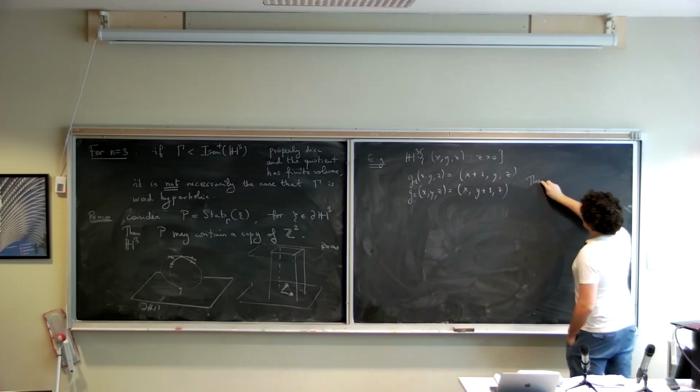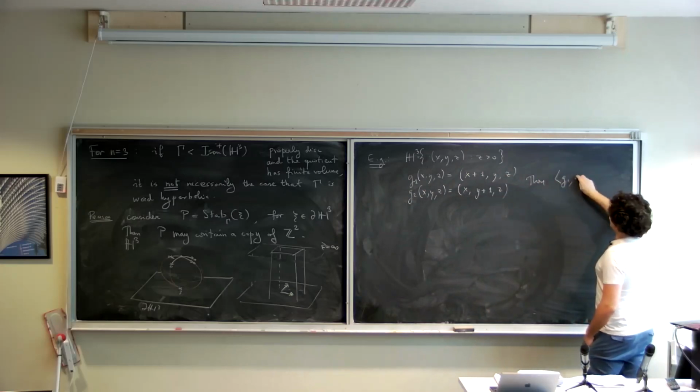Then the group generated by g1 and g2, of course, is Z2.